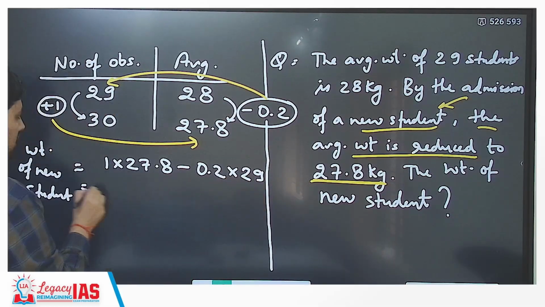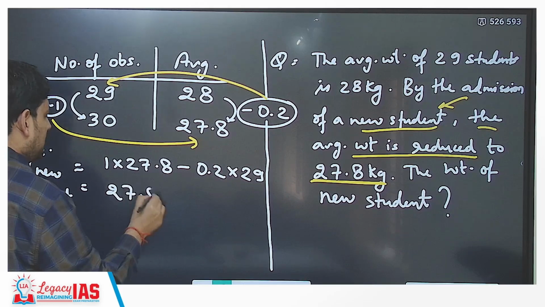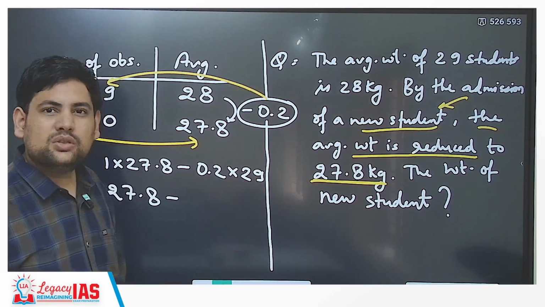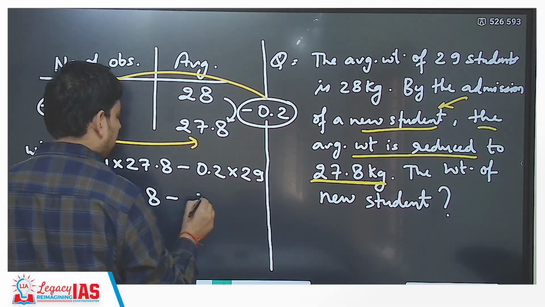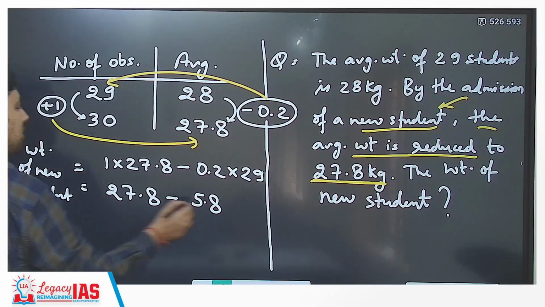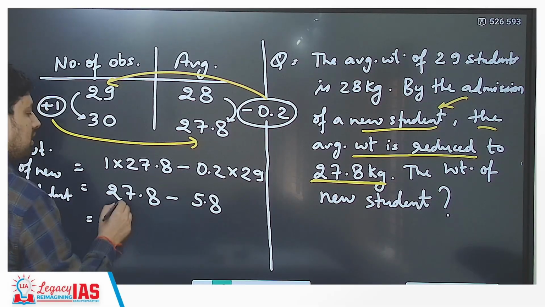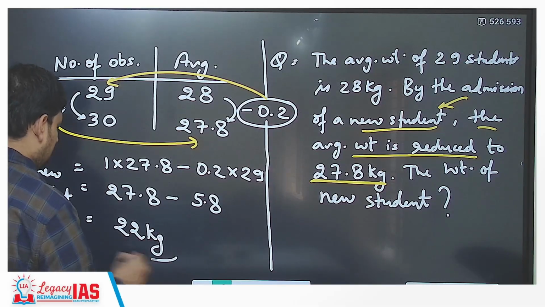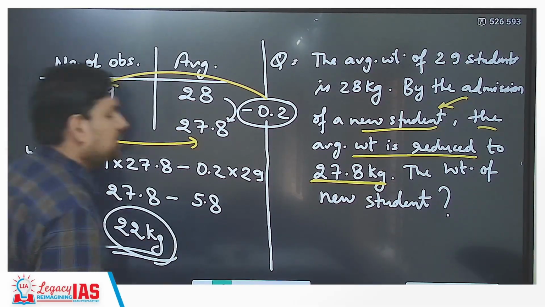What you got, you got 27.8 minus, now 29 into 0.2 gives you 5.8. Now 27.8 minus 5.8, so 0.8 gone, 27 minus 5, what you get, 22 kg. So 22 kg you got.